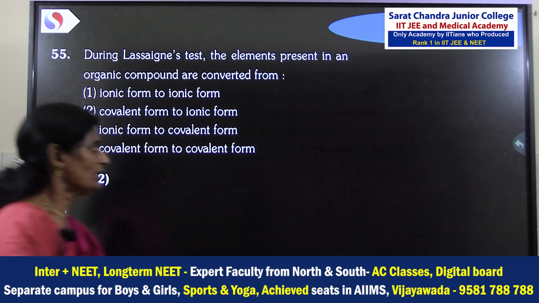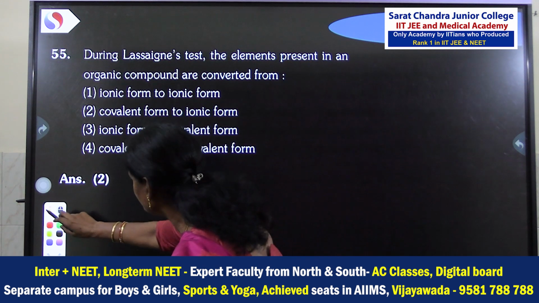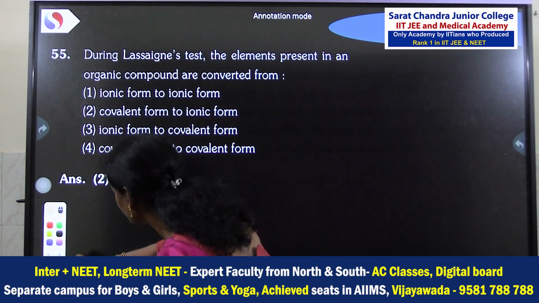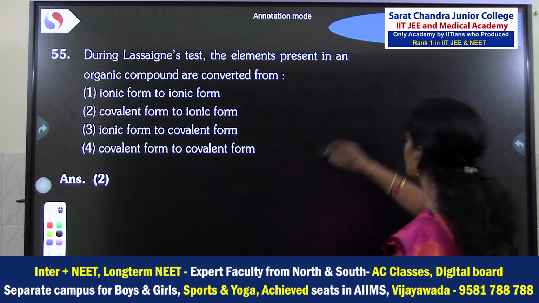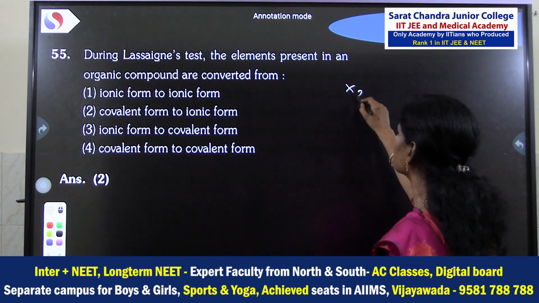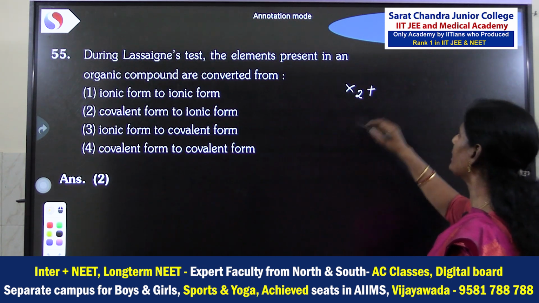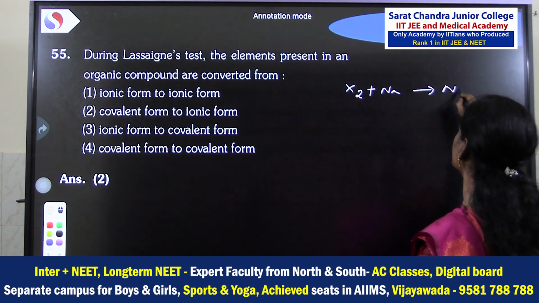So, elements like halogen and sulfur, for example, in an organic compound: if a halogen is present, that halogen reacts with sodium metal and forms sodium halides.